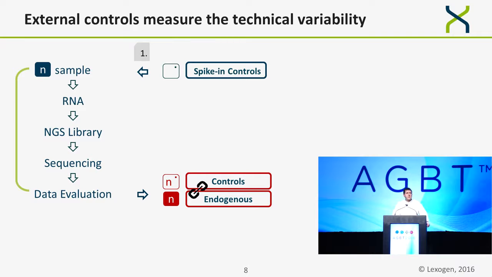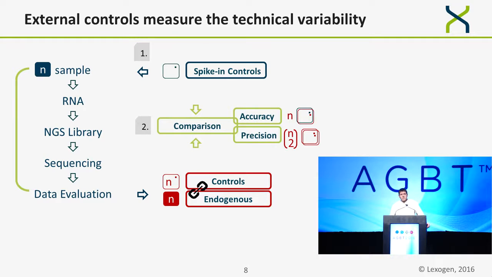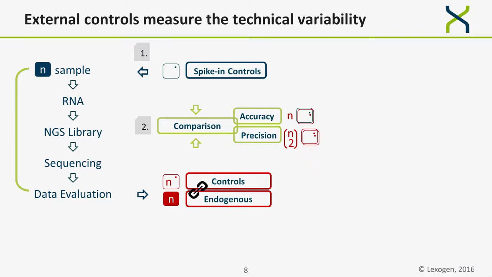What you gain is that a small amount of your results belong to the controls, which allow you in the first place to do the comparison to the expected values, to the known ground truth, to derive a value for the accuracy of your experiment, and to compare the samples in the experiment to themselves using the controls, which gives you a measure for the precision, or the repeatability in your experiment, which allows you then in stage 3 to compare the endogenous RNAs of your experiments themselves.